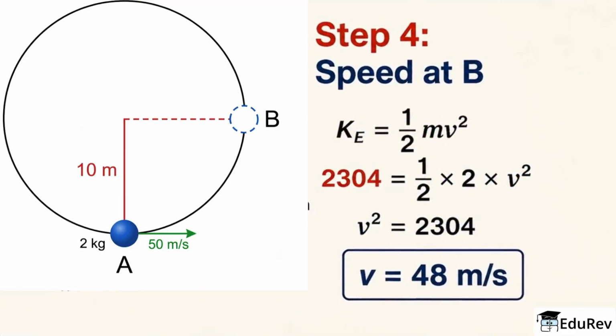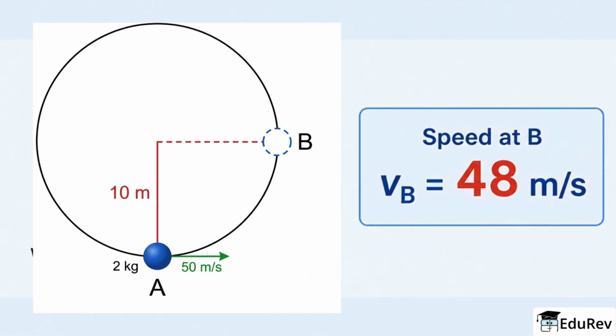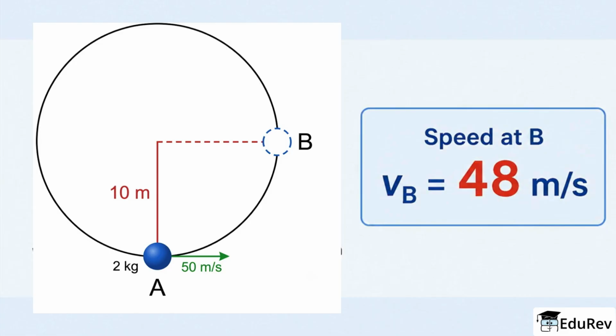Step 4. Solve for speed at B from KE equals 1/2 mv squared. Substitute numbers. 2304 equals 1/2 times 2 times v squared. So v squared equals 2304 and v equals 48 meters per second. So the speed at point B is 48 meters per second.